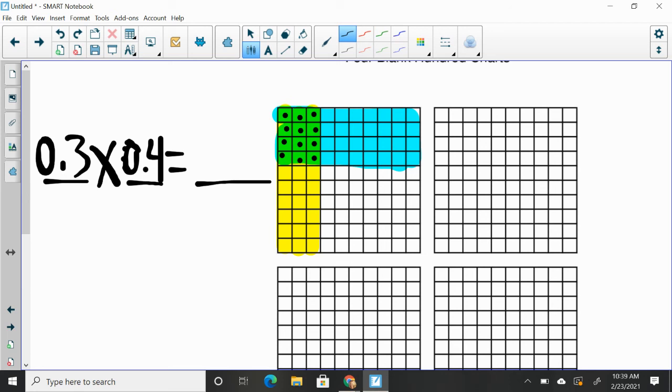And so we would write that like this. 12 hundredths. So we started with the yellow, which was 3/10, and we took 1, 2, 3, 4/10 of that yellow part.